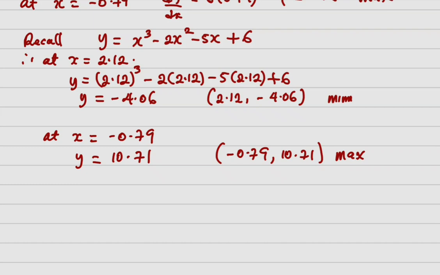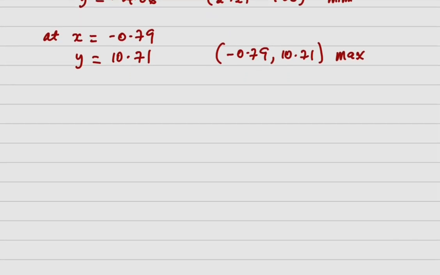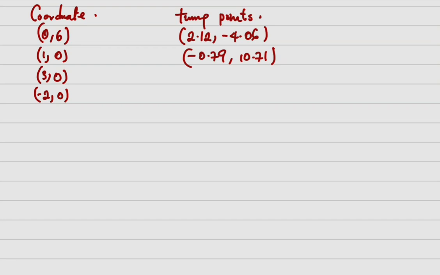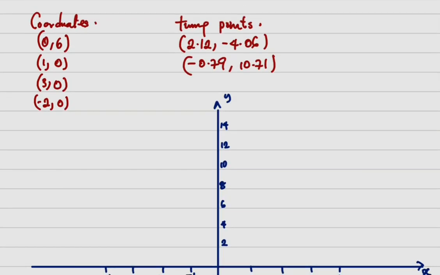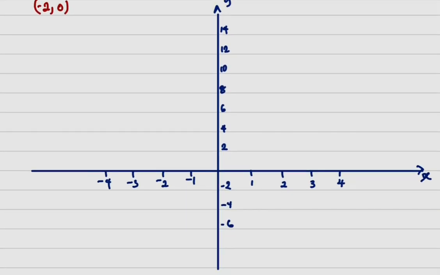Now, since we have everything, we are going to summarize it as below. So you can see that we have our coordinates, then we have our turning points. So let's sketch the curve because we have everything to sketch the curve. So the graph will be below. Okay, so let's start plotting now.